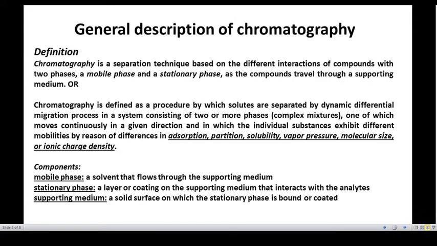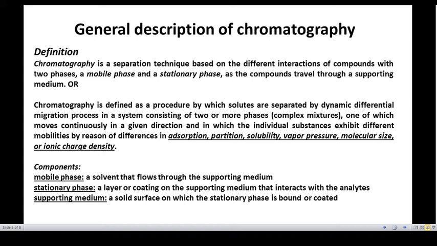Chromatography is basically a separating technique. The definition of chromatography is: it is a separating technique based on the different interactions of the compounds with two phases, one is mobile phase and the other is stationary phase, as the compounds travel through a supporting medium.